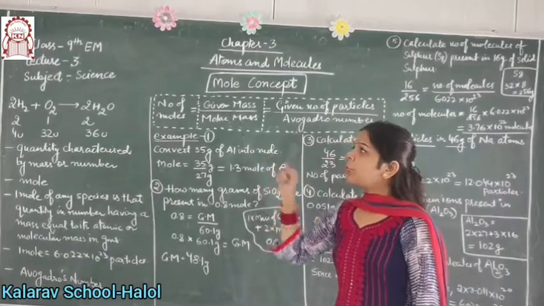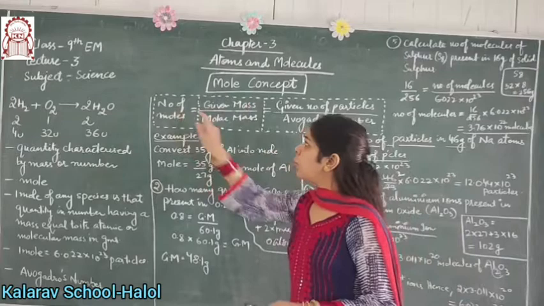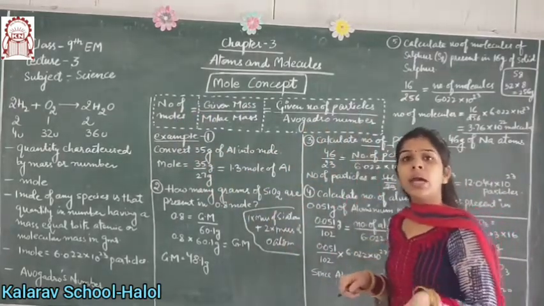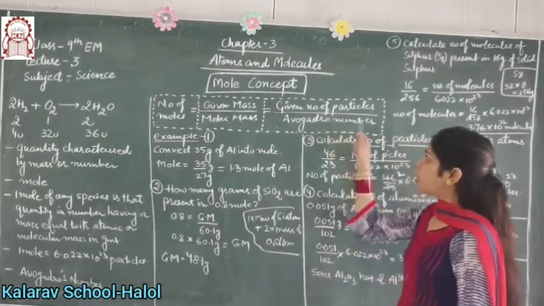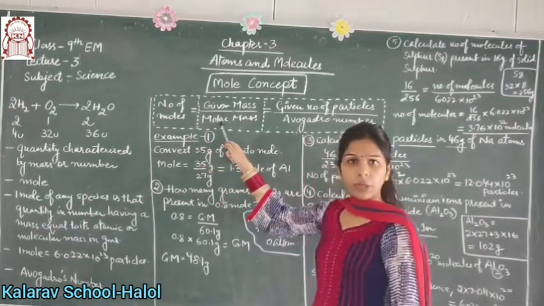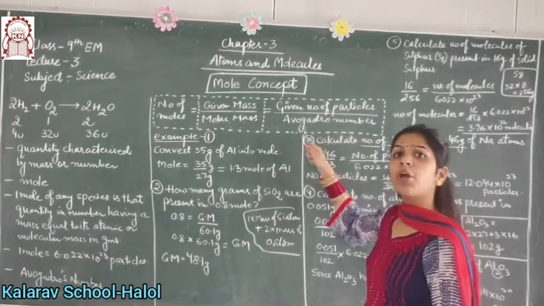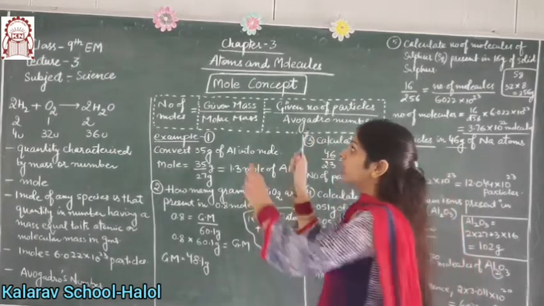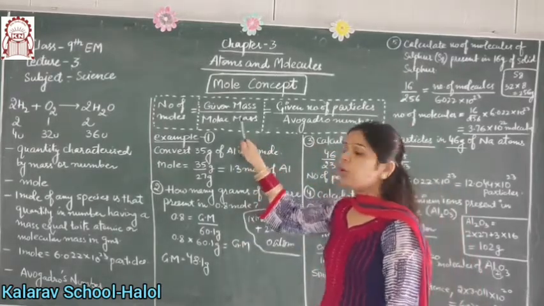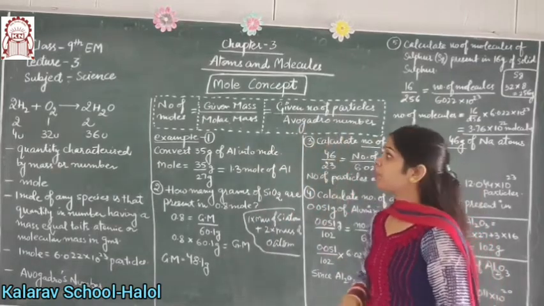Also, the number of moles equals the given number of particles, which can be atoms, ions or molecules, upon Avogadro number. So we can say these two quantities are equal. That is, given mass upon molar mass equals given number of particles upon Avogadro number.